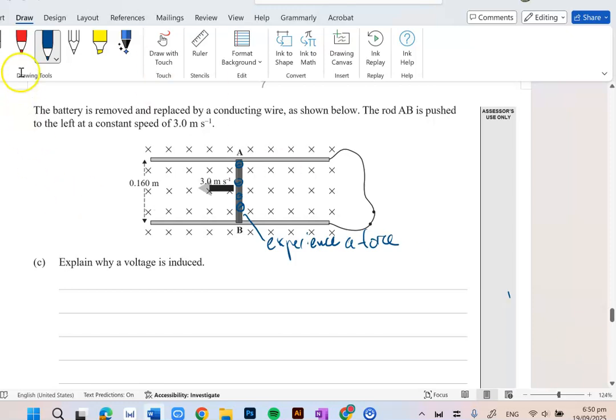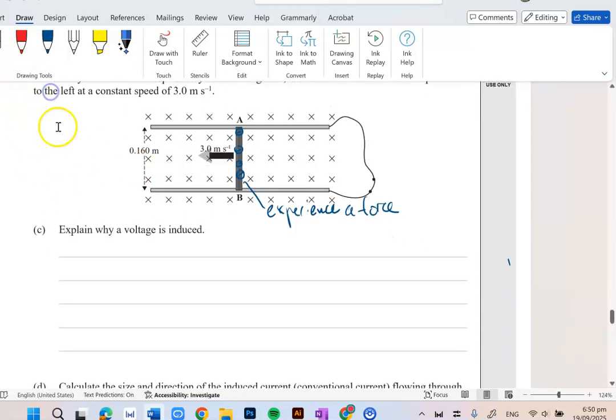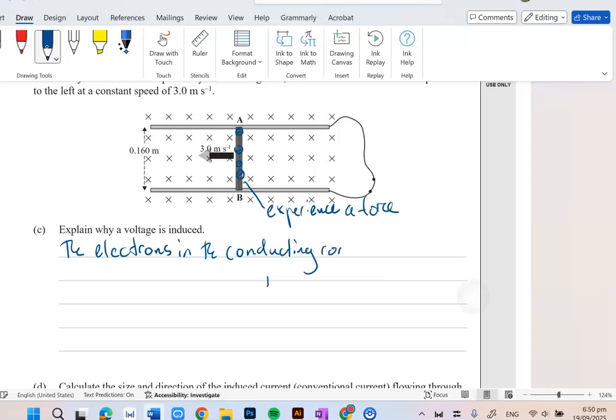So that's literally all we have to talk about. It's not that much detail. So we can just write something like, the electrons in the conducting rod. Let me just delete this.